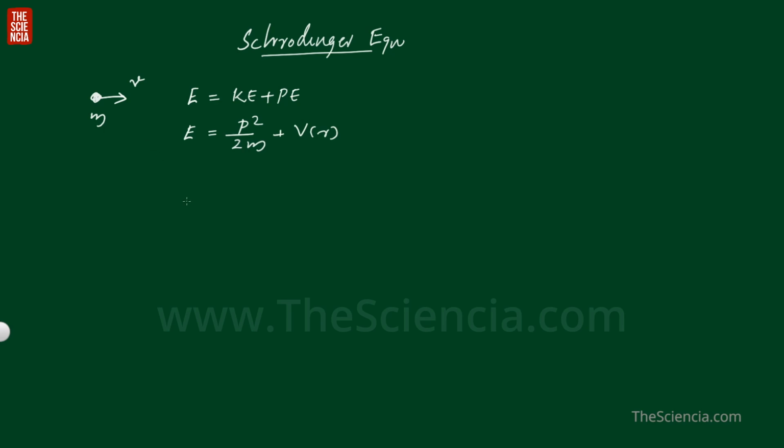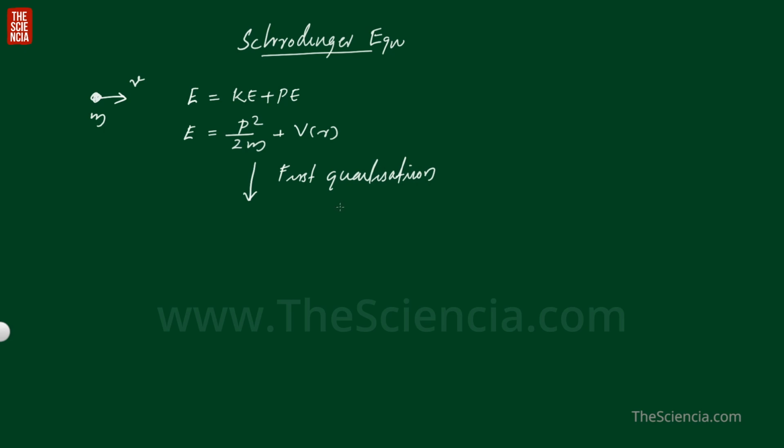Now the question is how we can represent this energy of a particle in quantum mechanics. That process is called first quantization. Analogous to energy in classical mechanics, we will make an expression for the energy of a particle in quantum mechanics.